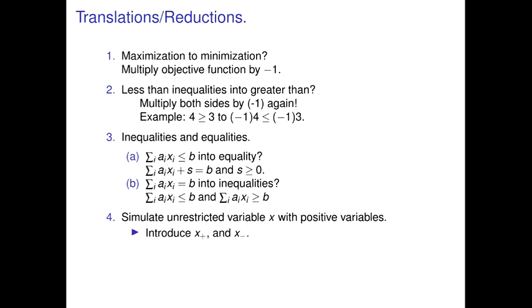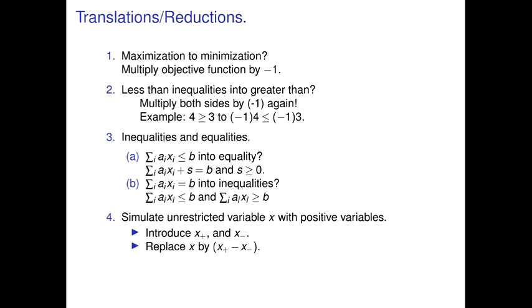What I do is introduce two variables, both of which are positive. If I have a variable x which is unrestricted, I can say x is the difference of these two positive variables. Can the difference between two positive variables be either positive or negative? Yes. This could be 4 and this could be 3, which means it's positive. This could be 3 and this could be 4, and that means it's negative.